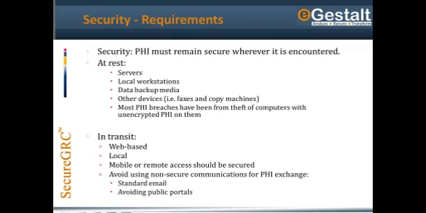Or if you're accessing the data on the fly, in transit, over the web, through a mobile device or a laptop, every information communication involving PHI needs to be encrypted and secured during transmission or when it is at rest.